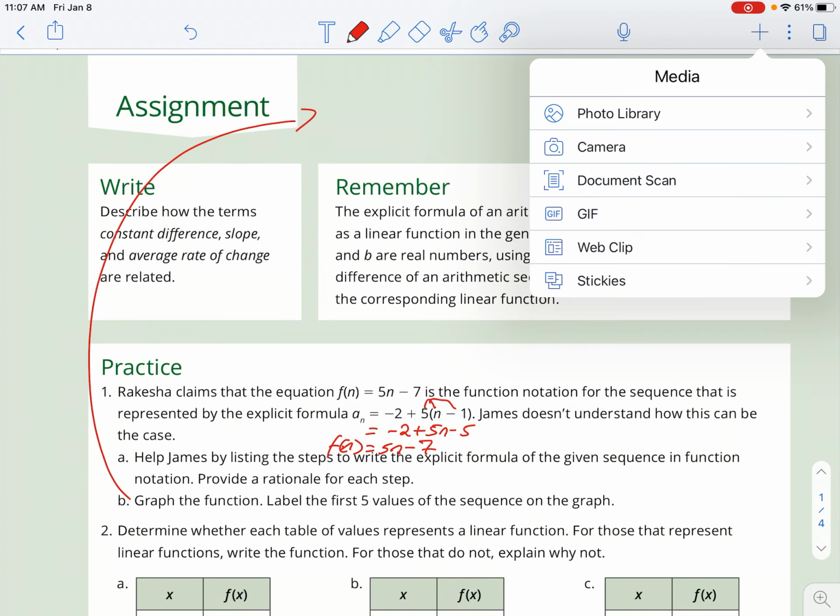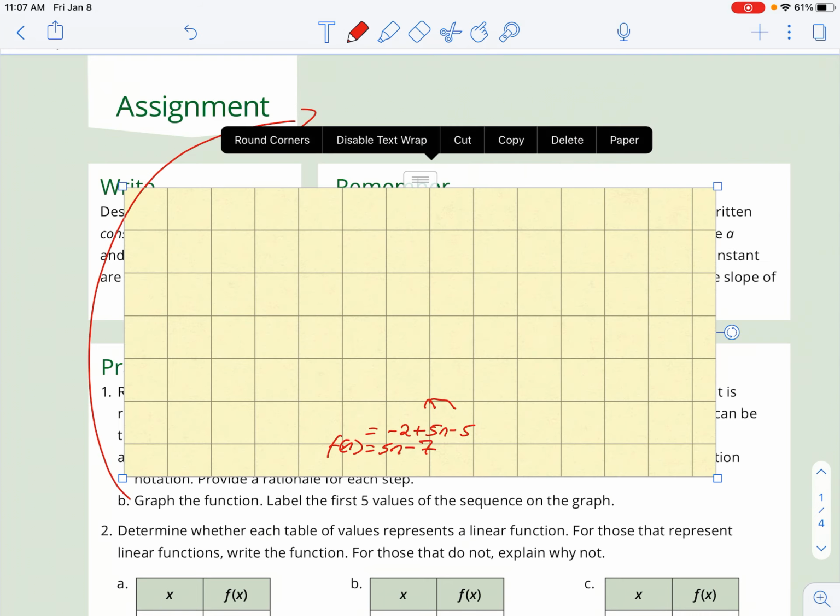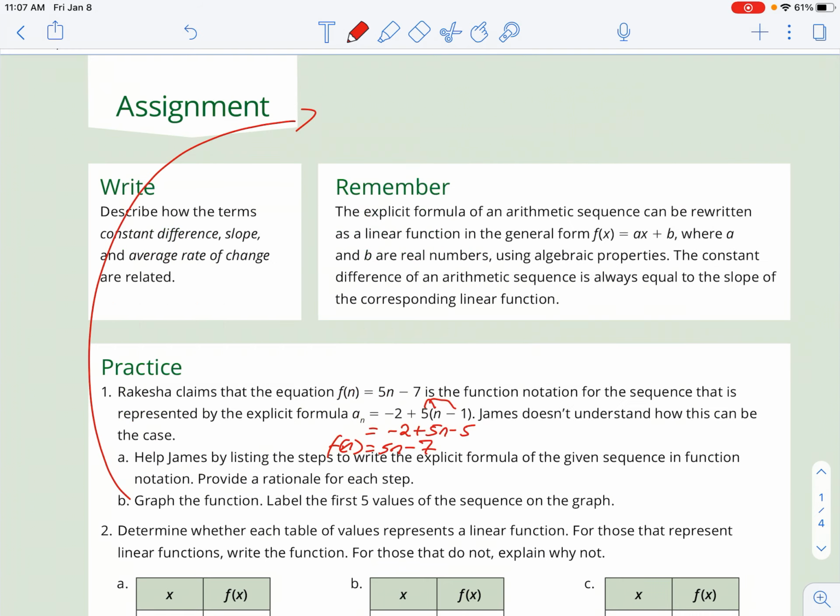Okay. So to graph this, I'm going to make a rough sketch of it because I don't have any graph paper here.